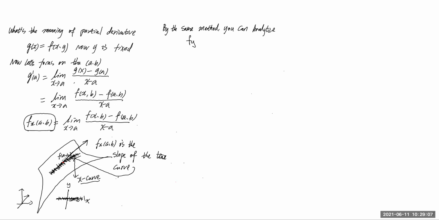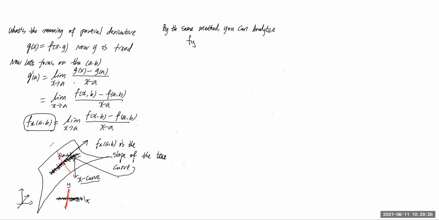Okay. So the same for Fy, now X is fixed. This is Y, right? And then the Y-axis maps to a curve like this.